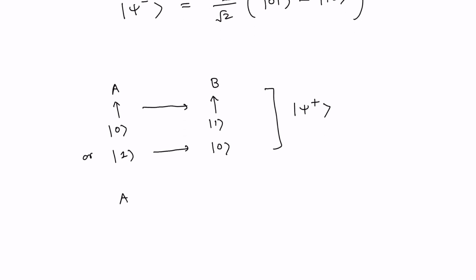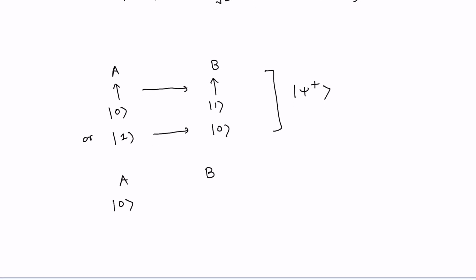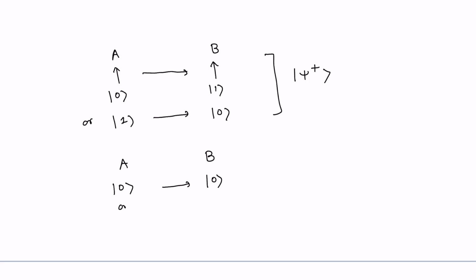Or say, if you make a measurement and find that system A is in ket 0, then automatically, because of the measurement, system B is going to be found in ket 0. Or if you find that because of the measurement system A is found to be in ket 1, then system B is also going to be found in ket 1.